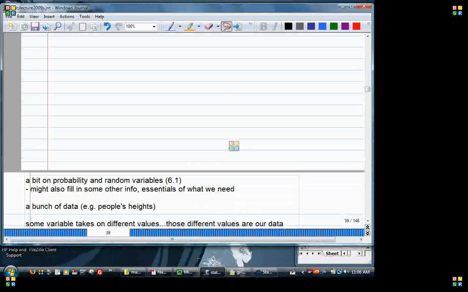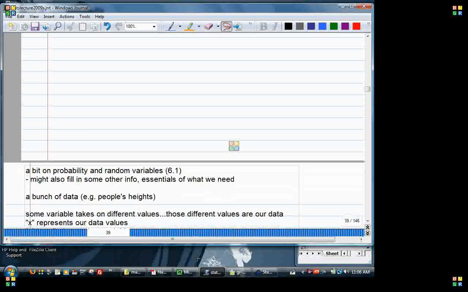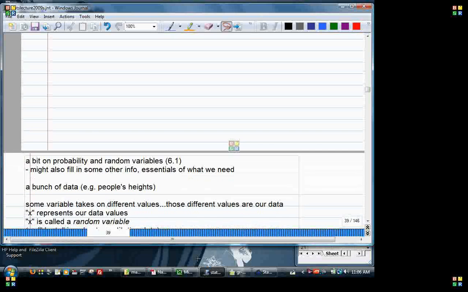So you can imagine, for example, if we did a survey and let's say one person's height was 68 inches, 70 inches, 71 inches. As mathematicians, we think of that as saying, for the first person, x equals 68. Then for the second person, x equals 70. For the third person, x equals 71. So as we've said all along, x represents our data values. That x has a name. It's called a random variable.